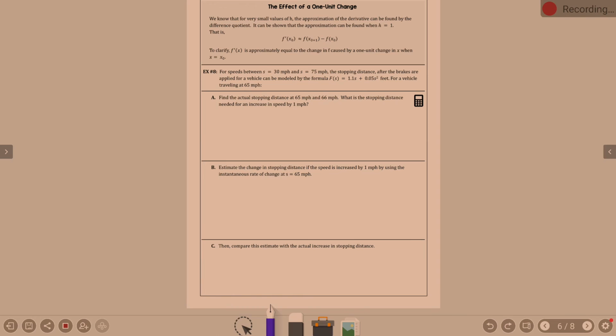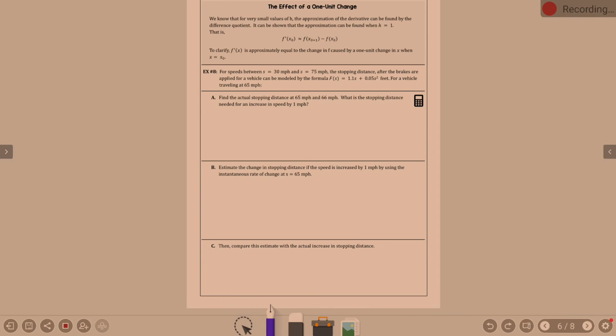So basically saying there that in order to find the derivative at a point, you can do the difference quotient between that value and a value very close, like the next value up, so to speak. So to clarify, the derivative is approximately equal to the change in f caused by a 1 unit change in x when x equals x naught. And if I recall, we use that here. I'm assuming that's why we're talking about it.